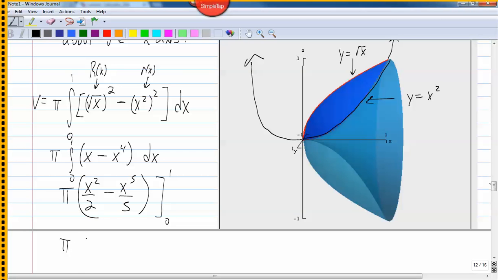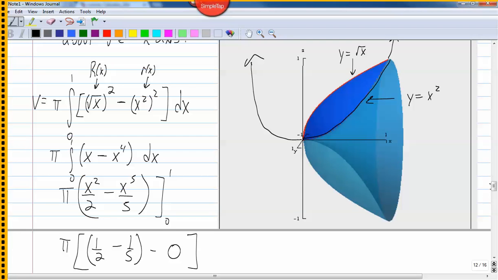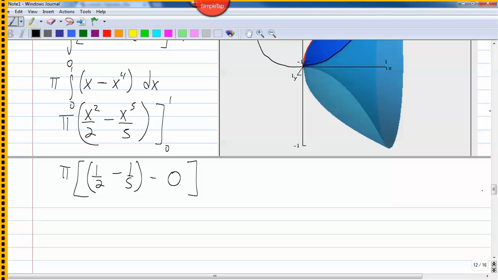So this is pi times 1/2 minus 1/5, minus what you get when you plug in a 0, which is 0. So 1/2 minus 1/5 is 5/10 minus 2/10, which is 3/10. So that's 3/10 times pi. That's the volume.